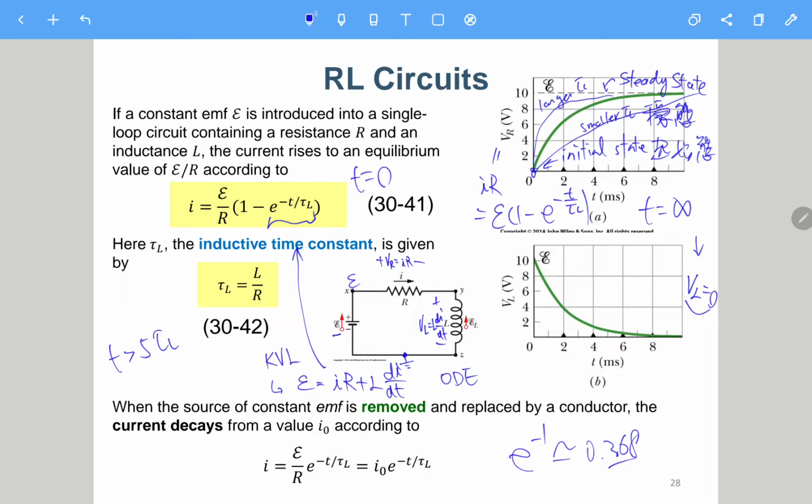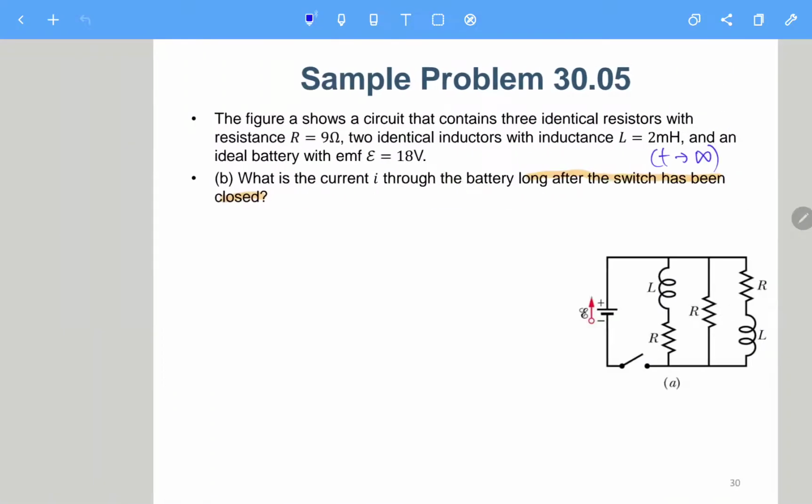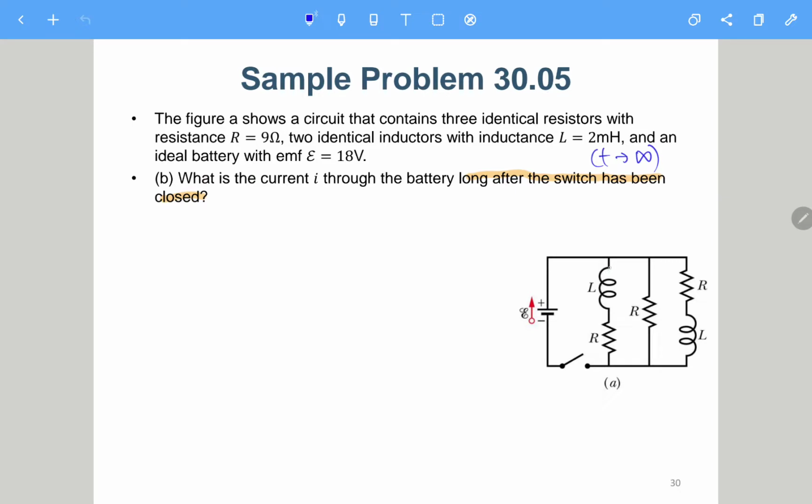It becomes a short circuit, because when t tends to infinity, the current tends to 0 or a very small value, or at least the slope of the current is very small or tends to 0, because dI/dt will be 0. So we have VL to be 0. In this case, you can regard the L as a short circuit. You can just ignore it.